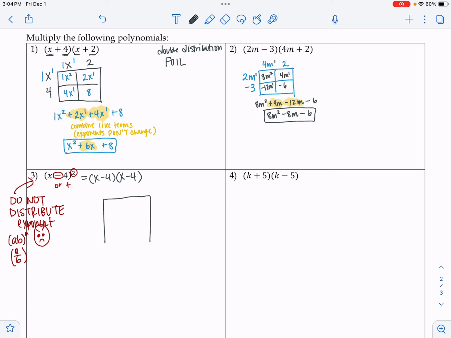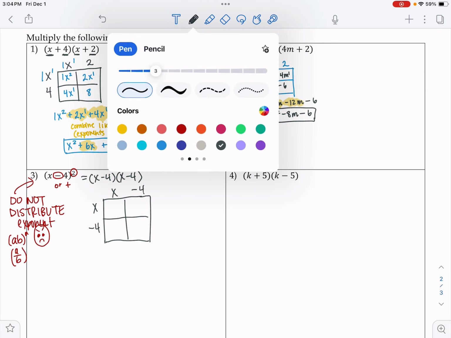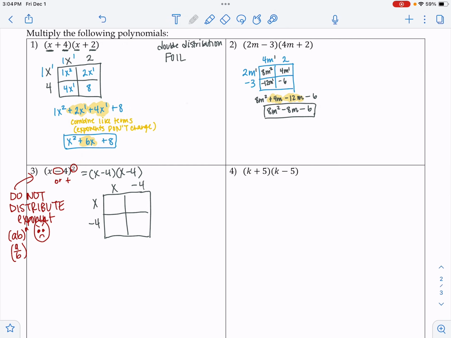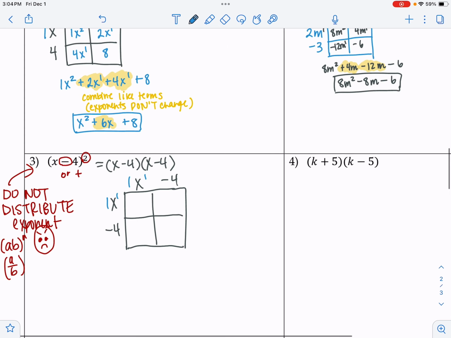You need to multiply every term by every term. Okay, and so when we do that, we're going to get some extra terms.